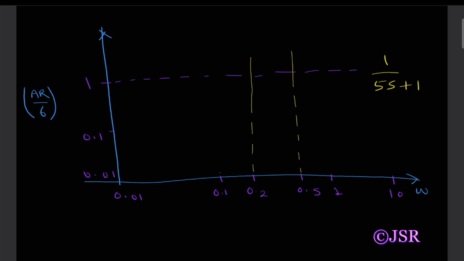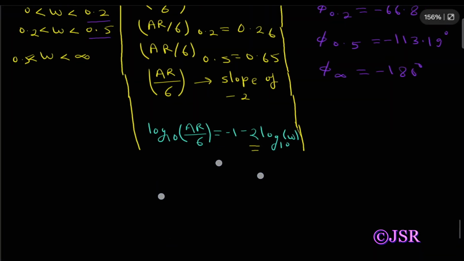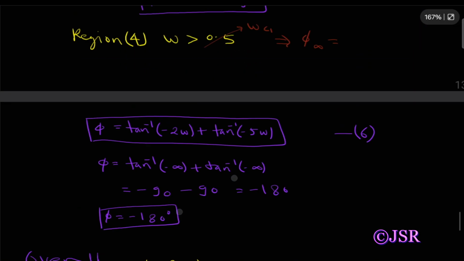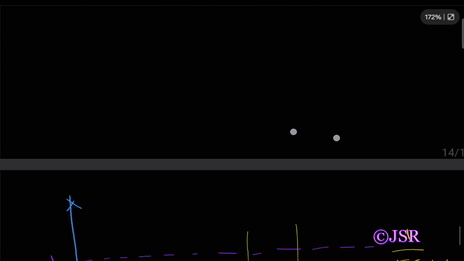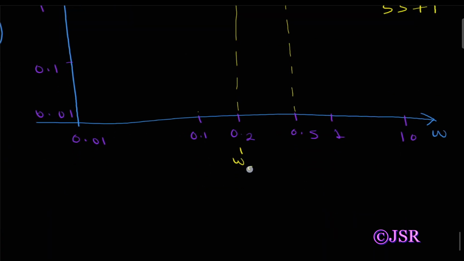So when the first order system is 1 upon 5s plus 1, so the corner frequency is at 1 upon 5, that is 0.2. So this is corner frequency two. So as per the equation, this is corner frequency 2 and this is corner frequency 1.